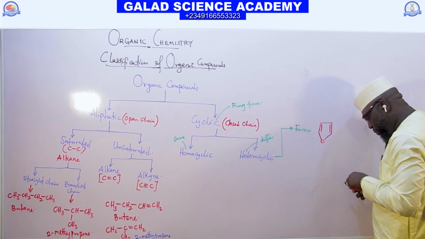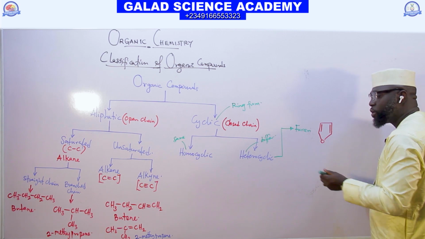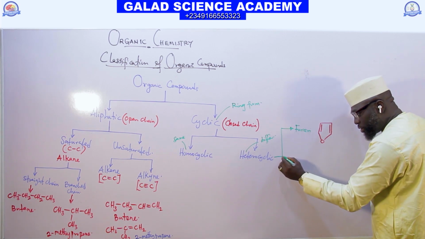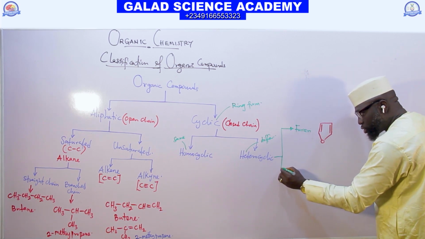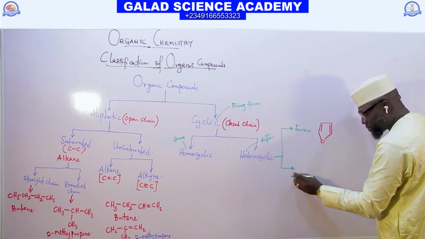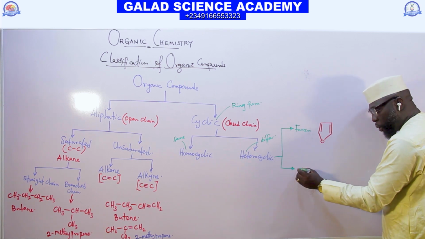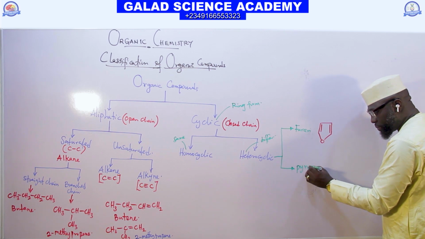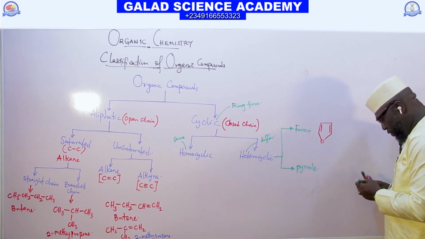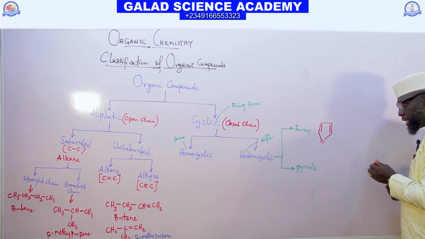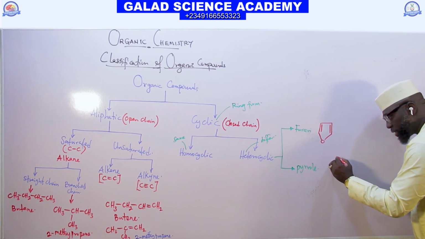Another example of a heterocyclic hydrocarbon is pyrrole. If you have pyrrole, this is also a structure.